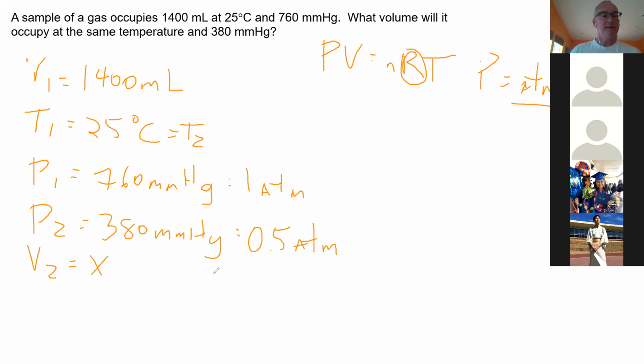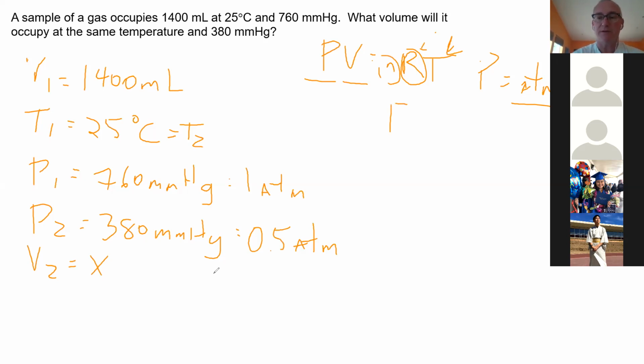So there's a huge difference. Here we want to figure out what is the relationship between P and V. Are they directly related or inversely related? Inversely. Because here the number of moles N stays the same, R stays the same, and temperature stays the same.